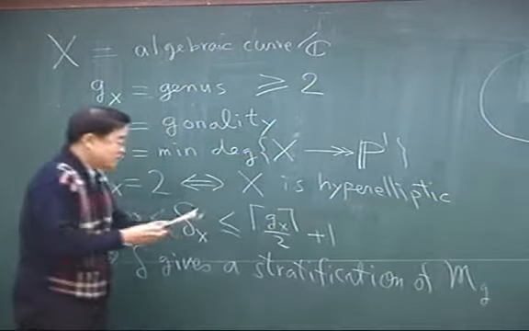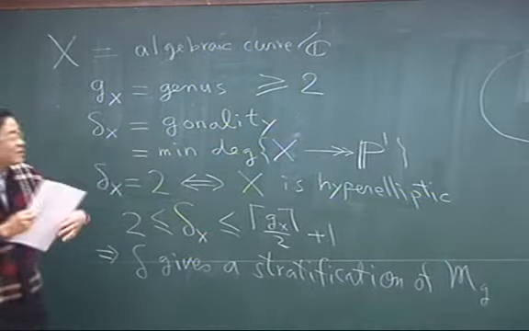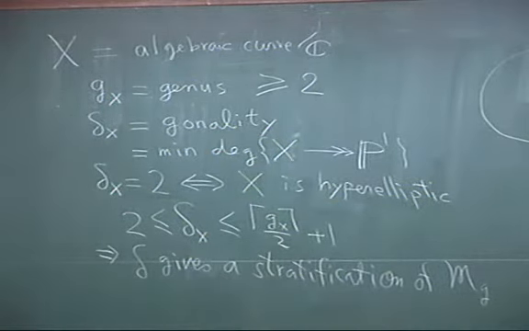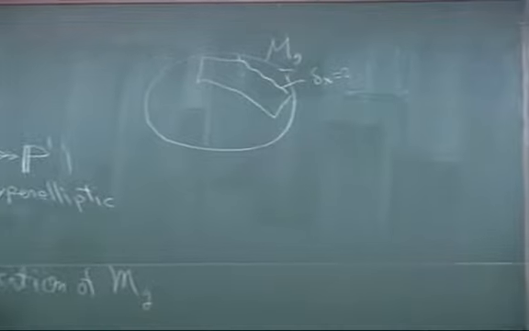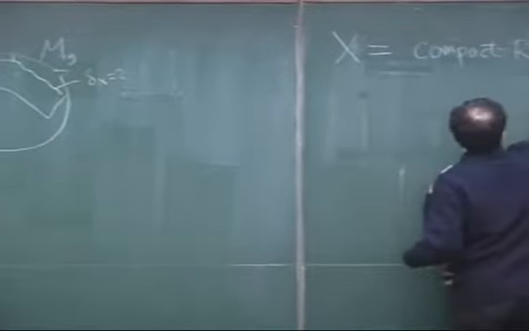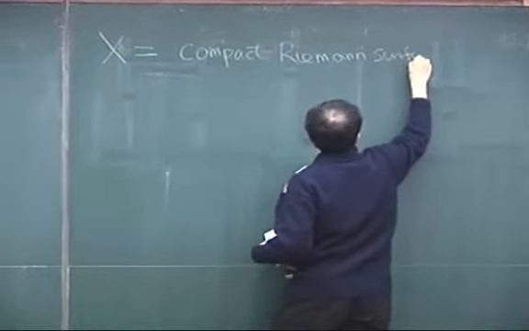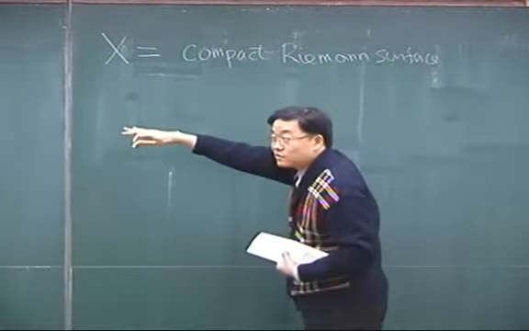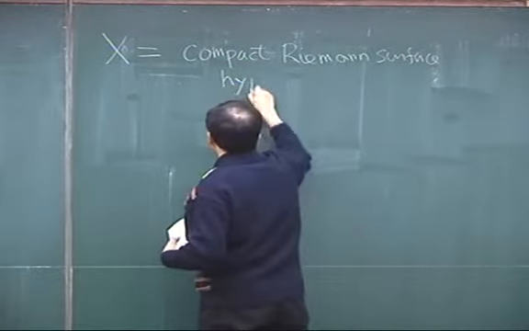Okay. Now let's go to the more differential geometric side. So here X is now equivalent to a compact Riemann surface. And since it's genus at least 2, this is hyperbolic type.